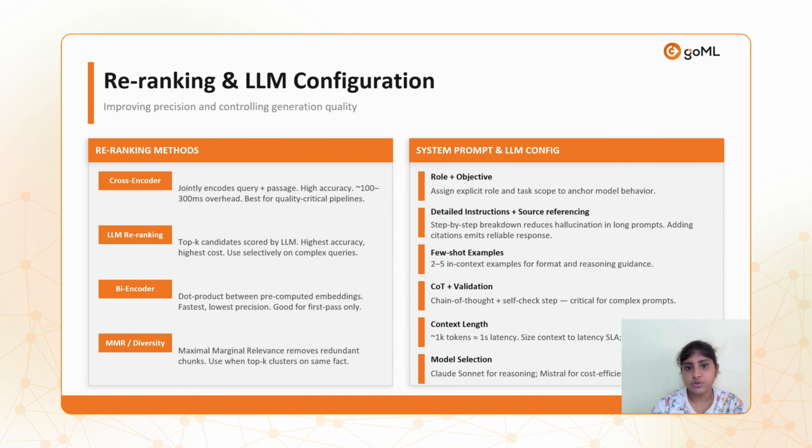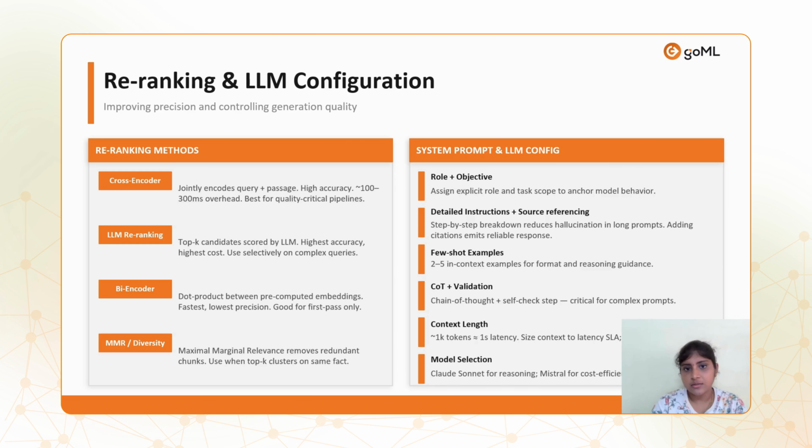Third one is providing few shot examples for the output format, and then chain of thought instruction for complex reasoning, and lastly a self-validation step. So this instructs the model to verify its answer against the context before outputting. Now, these steps actually prevent instruction drift in long prompts. Without this structure, the model tends to ignore the detailed instructions by the time it reaches the retrieved context.